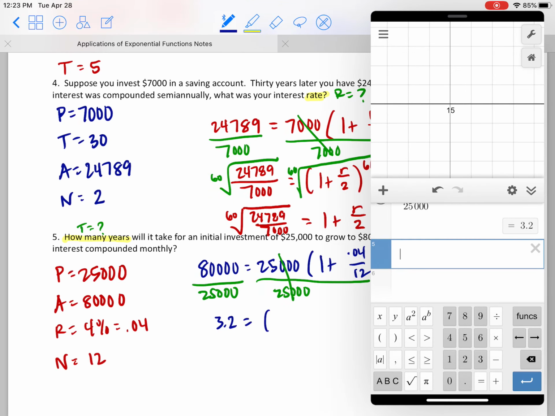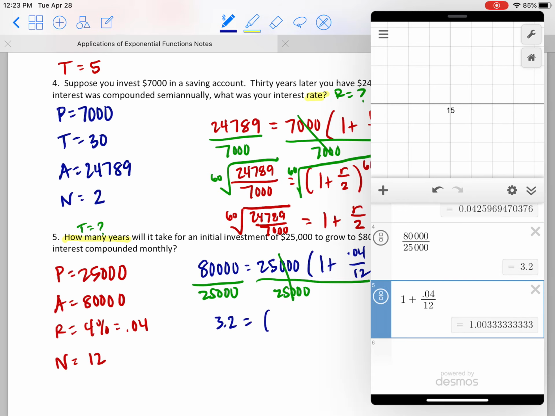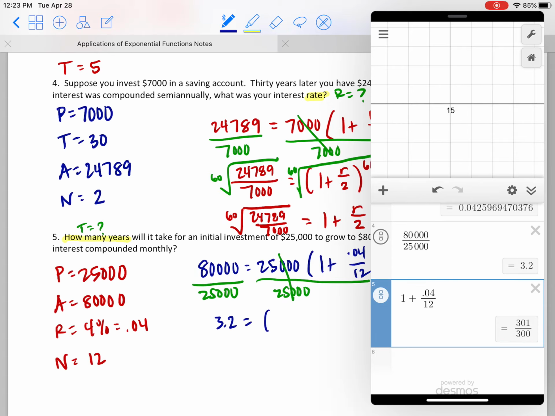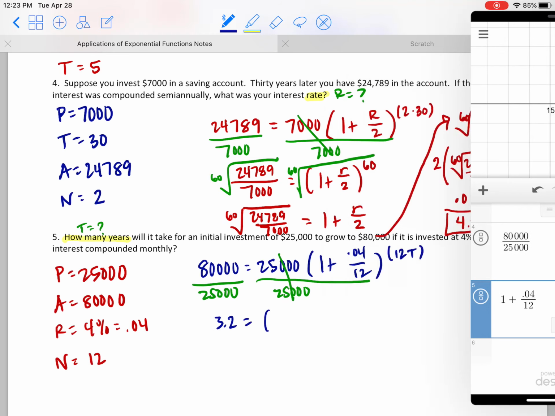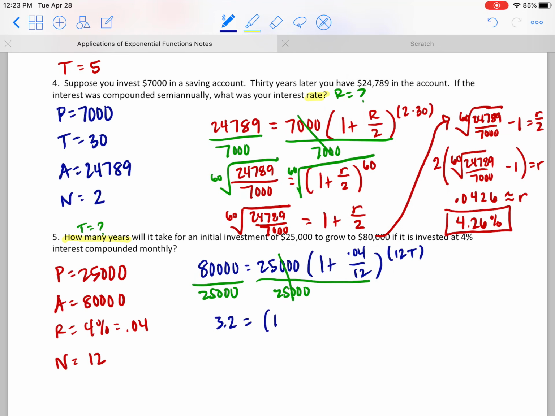That cancels. Let's see how bad of a decimal this is. 80 divided by 25. 3.2? Yeah, that's manageable. So let's make this 3.2 equal to, I think we can condense what's going on in the parentheses there too. 1 plus 0.04 over 12.